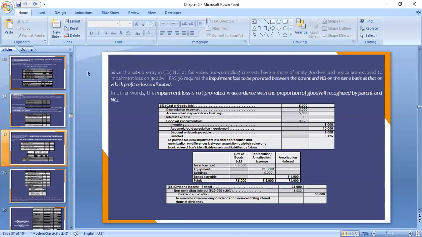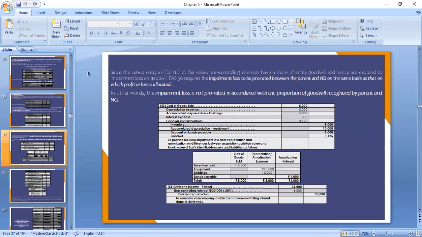So next, since the subsidiary is set up at full goodwill, with non-controlling interest at fair value, the non-controlling interests have a share of entity goodwill and hence are exposed to impairment loss on goodwill.